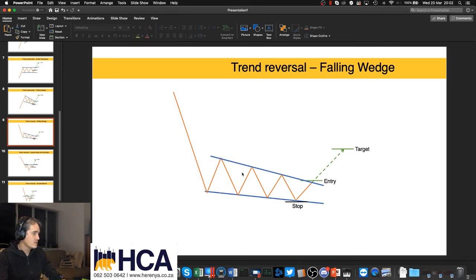So as we get closer and closer to the meeting point of this wedge, we want to see volume increase, and then break out, because it's not quite a counter trend movement, but this trend has now reached its end.